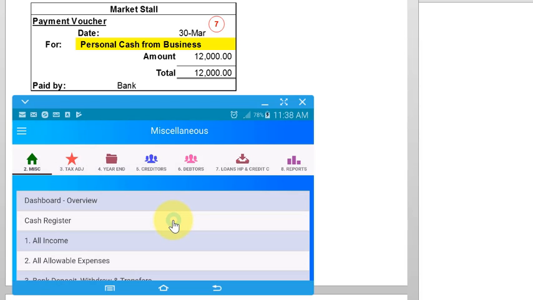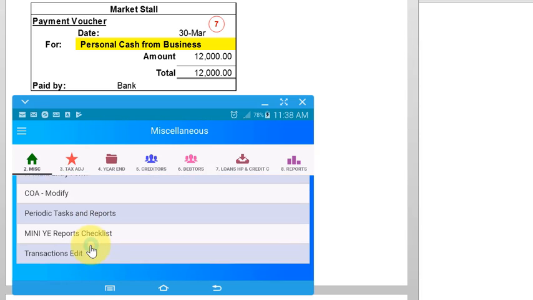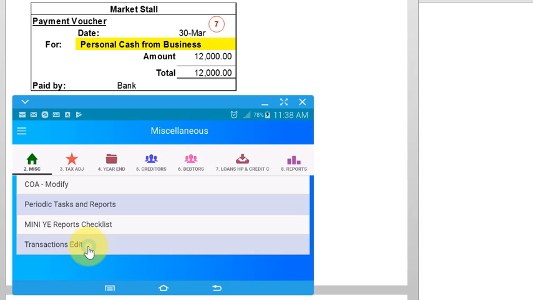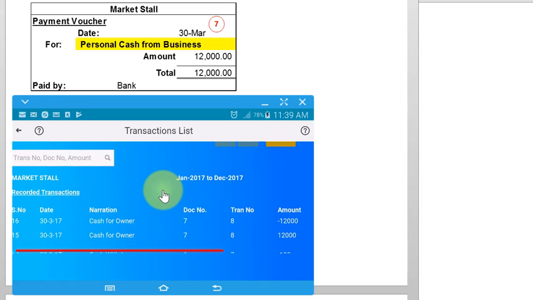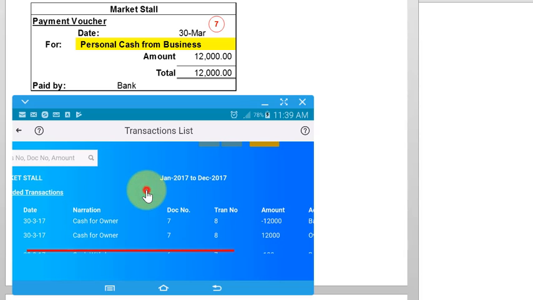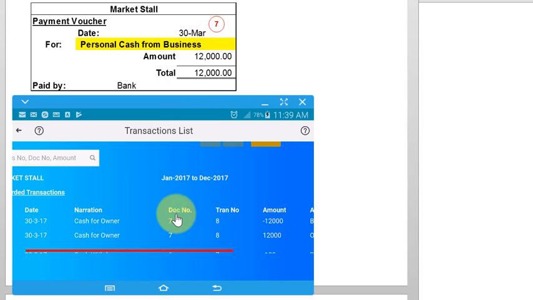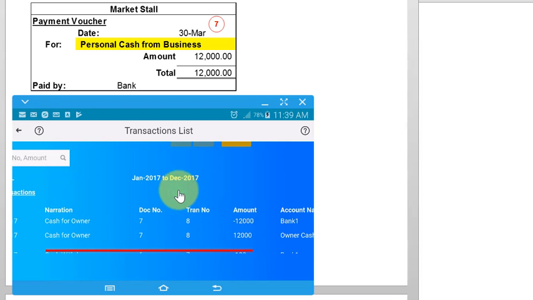There we are done. Now in this learning phase, we need to verify to confirm if what is recorded is correct. So we scroll down to the transaction edit. And then here we're looking for, in this case, the most recent transaction coming from document number 7. It's transaction 8. The amount is 12,000.